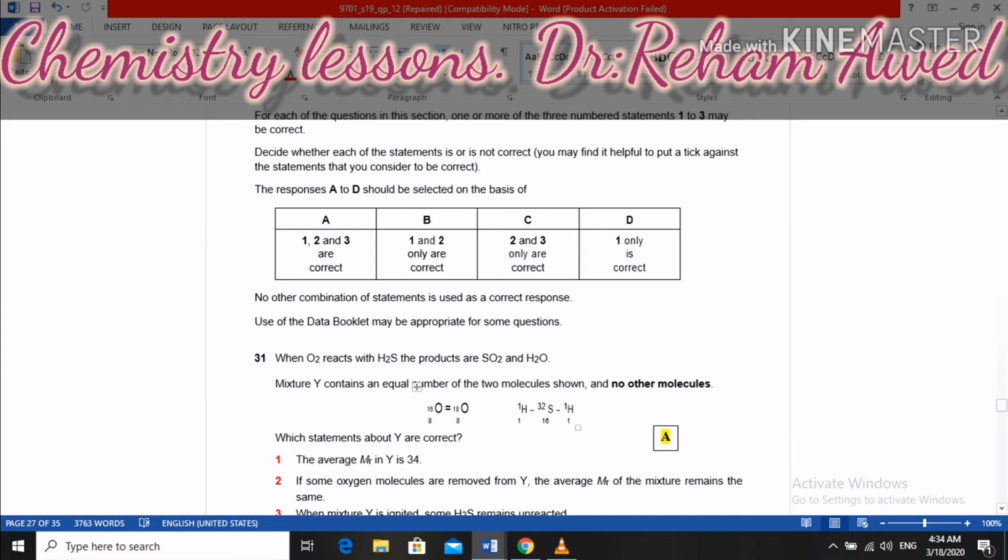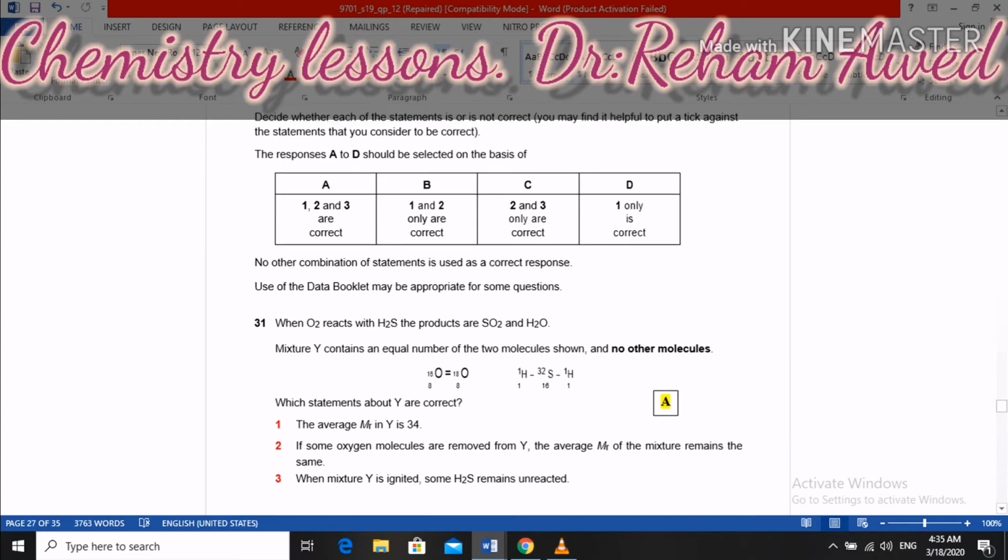One of them is O-16, the other one is O-18. Hydrogen sulfide H2S, we have sulfur atoms surrounded by 2 hydrogen atoms. Sulfur is 32, each hydrogen atom is 1. Which statement about Y is correct?